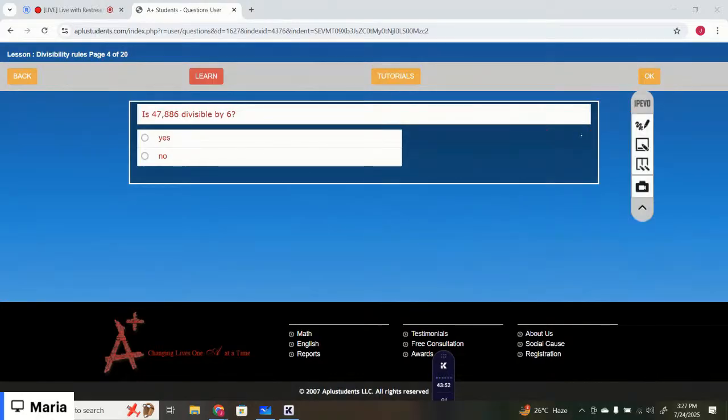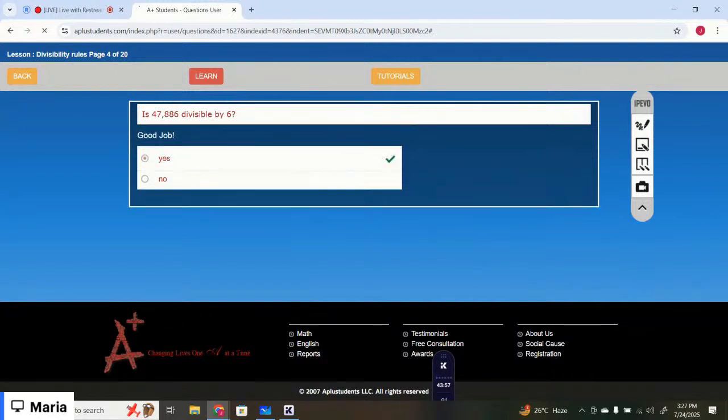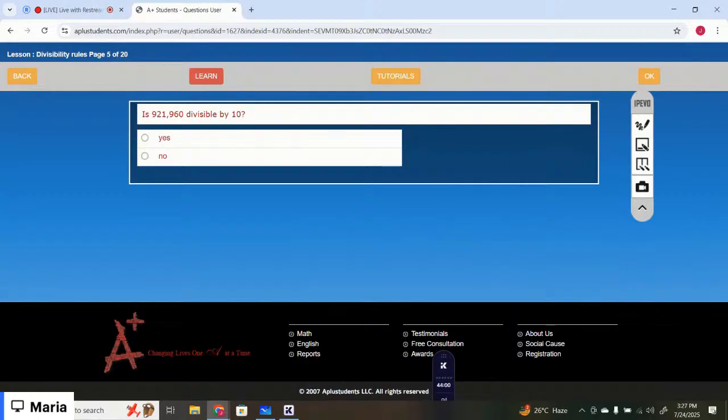Option number 1 is the correct option. Yes, it is divisible by 6. Is 921,960 divisible by 10?